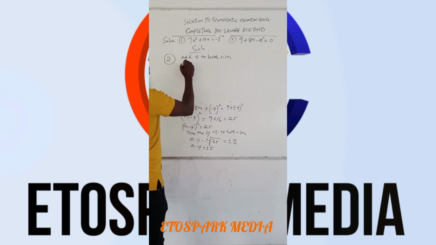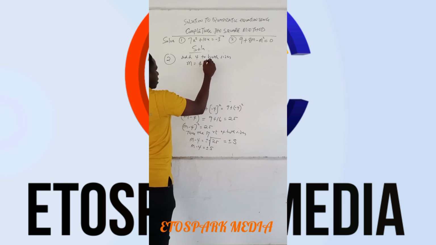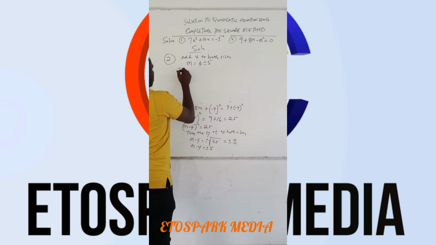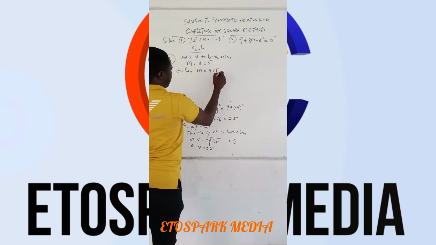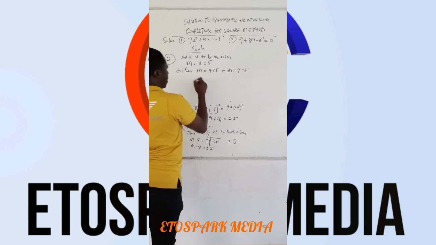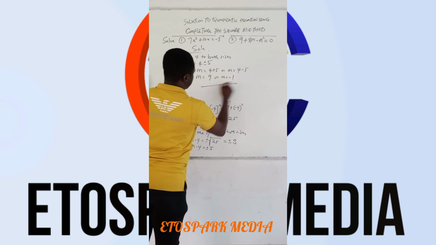And this becomes m equals 4 plus or minus 5. So it is either m equals 4 plus 5 or m equals 4 minus 5. Therefore, m equals 9 or m equals minus 1.